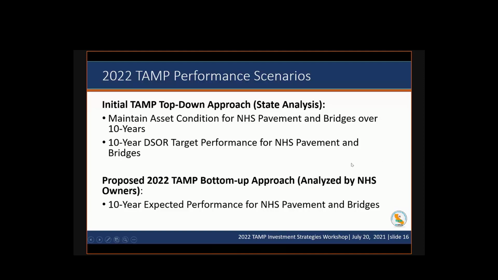So for this 2022 TAMP, we're proposing a bottom-up approach, which, to our knowledge, has never been done in the country, and certainly not with this many MPOs. So we're optimistic that we're going to be able to provide this level of flexibility for all the MPOs to set their own strategies and then communicate those to us.